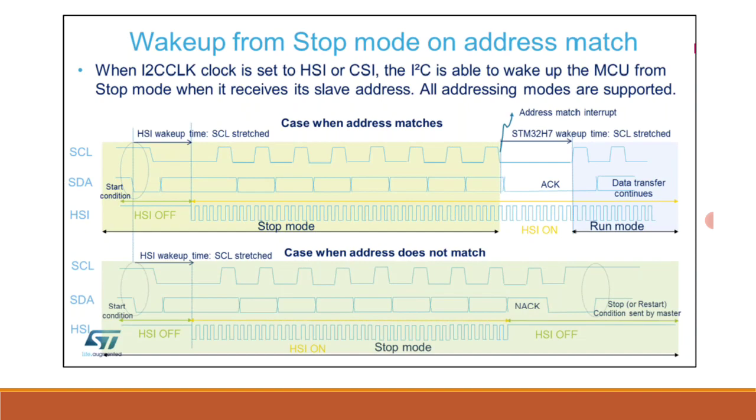If the address does not match, the high speed internal oscillator is switched off, no interrupt is generated and the device remains in stop mode. Clock stretching must be enabled because the I2C peripheral stretches the clock line low after the start condition until the high speed internal oscillator is started.